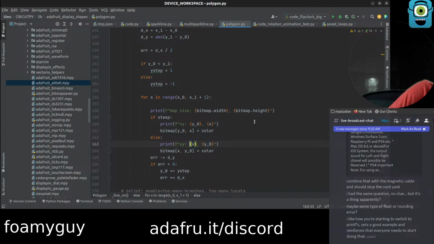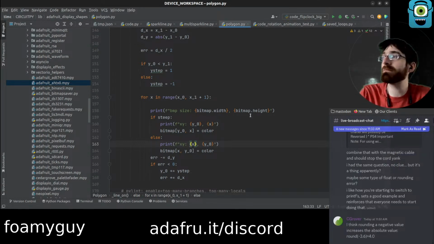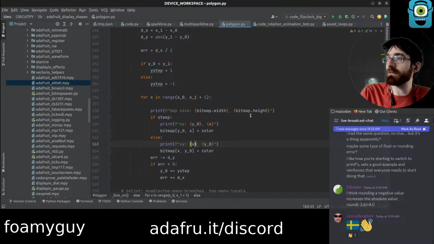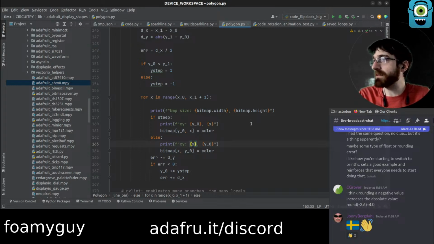How did we not end up with negative pixels before? Basically becomes the question. The rounding negative value increases the absolute value? Oh, interesting. Round negative 3.6 equals 4.0. Rounding a negative value increases its absolute value. Does it flip the sign too, or does it give you negative 4.0?